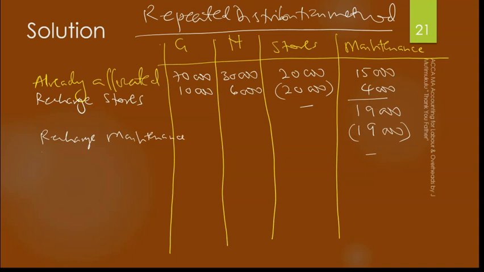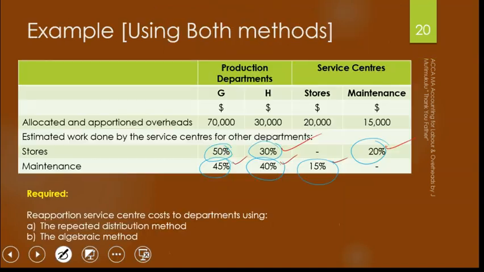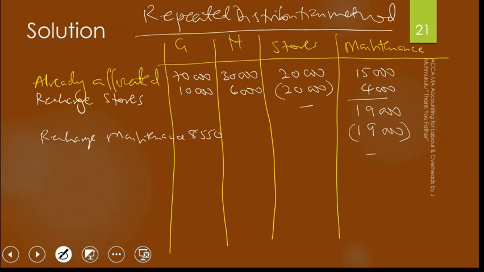So to G, we are offering 45% of 19,000. That's 8,550. Then what is the percentage to production department H? That's 40. 40% of 19,000, that's 7,600.